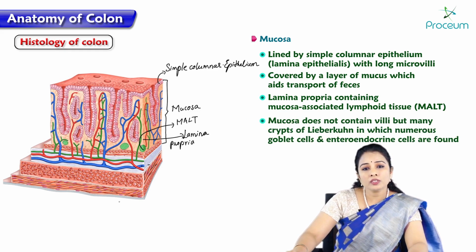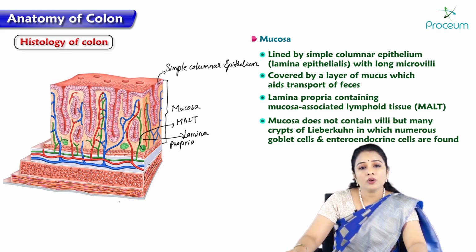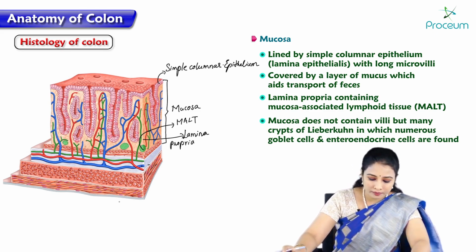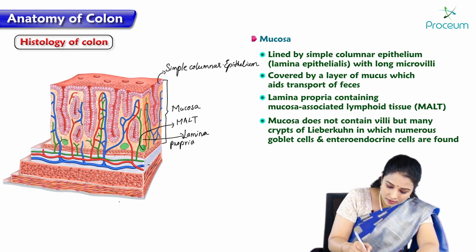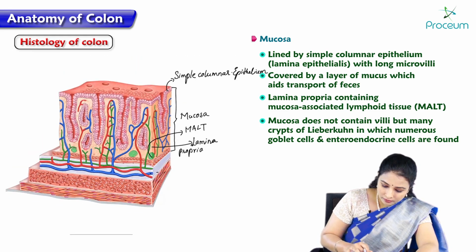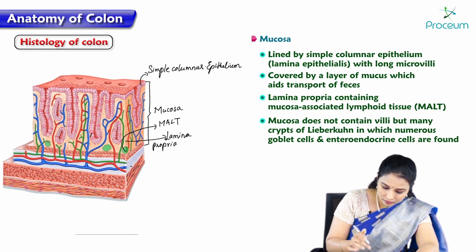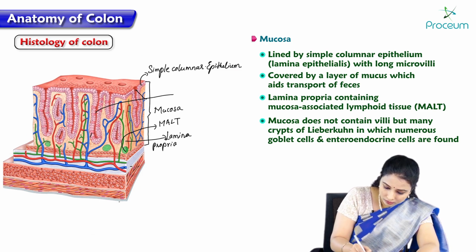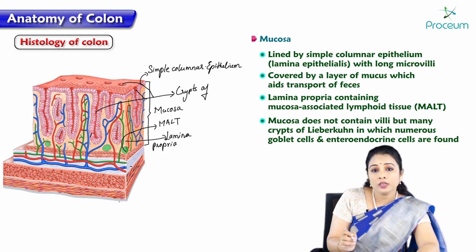So, the mucosa does not contain villi but many crypts which are called as crypts of Lieberkühn. So, we can see lot of crypts. These depressions are called as crypts of Lieberkühn.